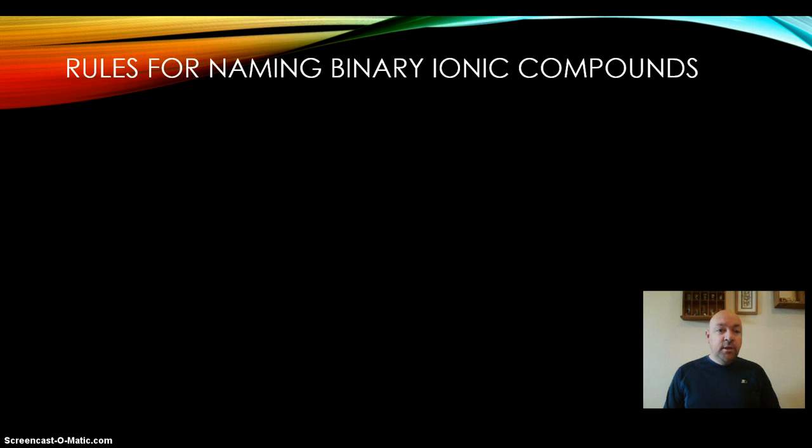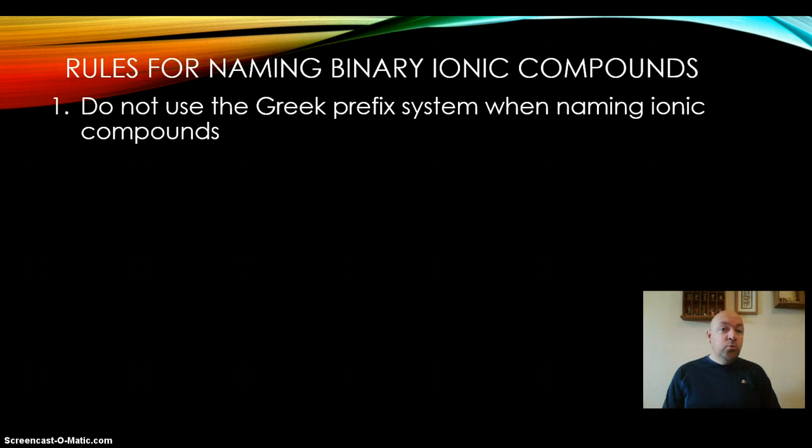One of the things that we want to start with is the rules for binary ionic compounds. Since there's only 2 elements that we're dealing with, it's fairly simple, and it pretty closely follows the covalent compounds, with one exception, and that exception actually makes it easier to name ionic compounds. The first rule is you don't use the Greek prefix system when naming ionic compounds.